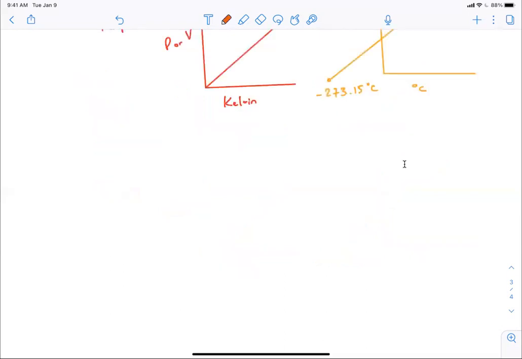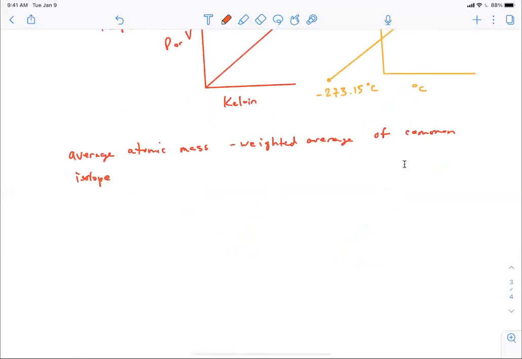Average atomic mass. Average atomic mass is the weighted average of common isotopes of an element based on abundance and 1/12 of a carbon-12 atom.